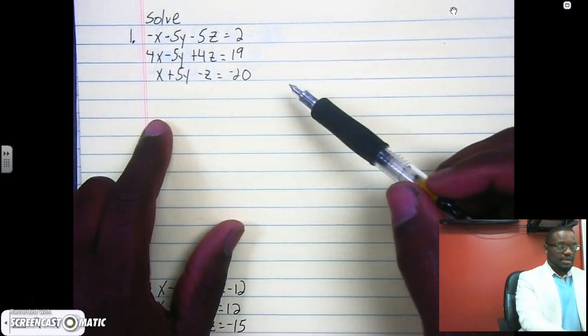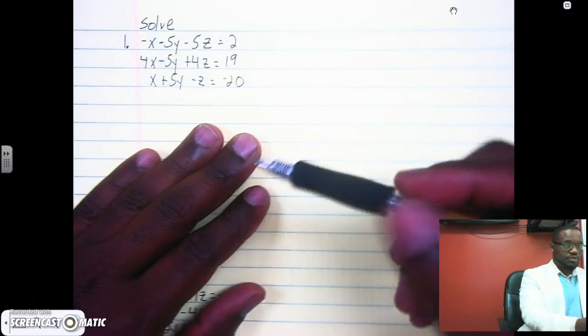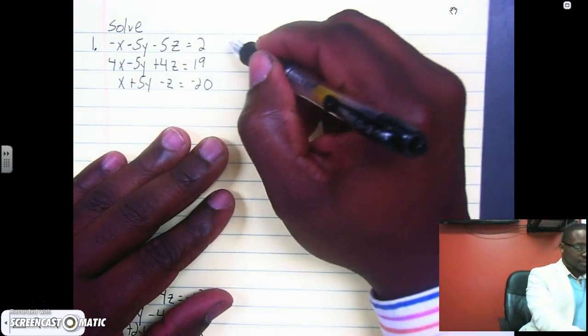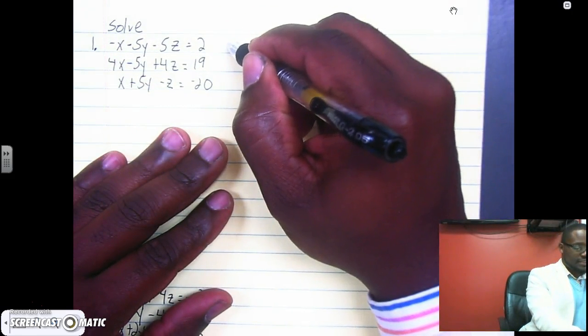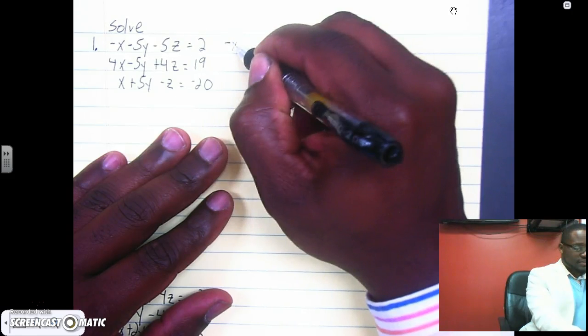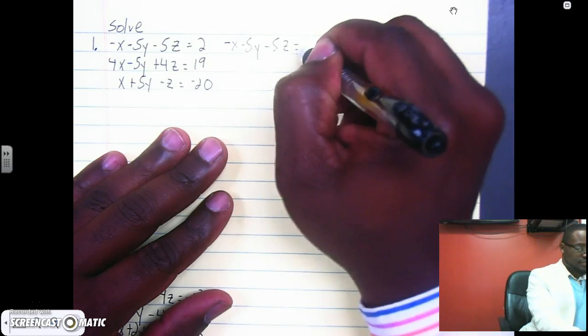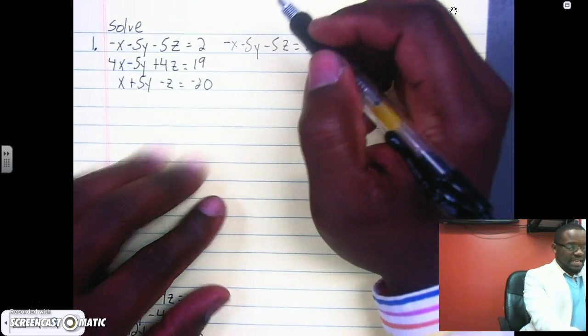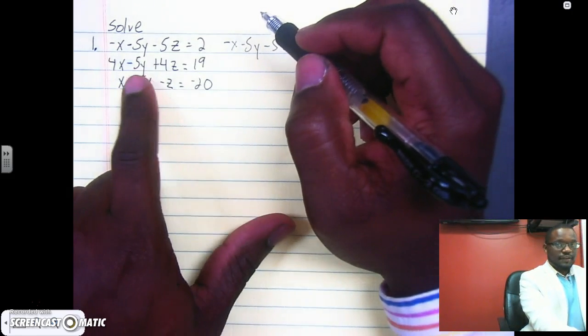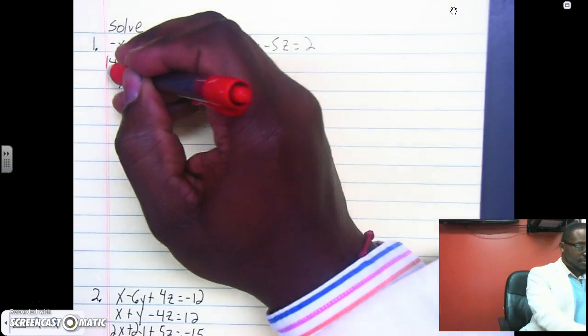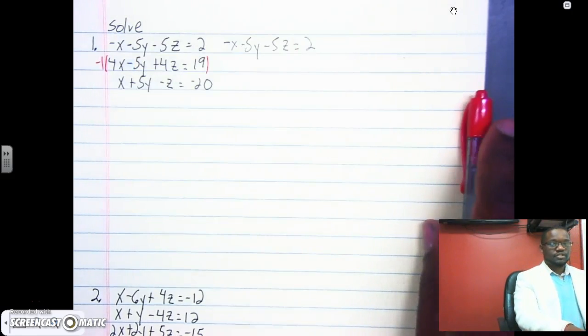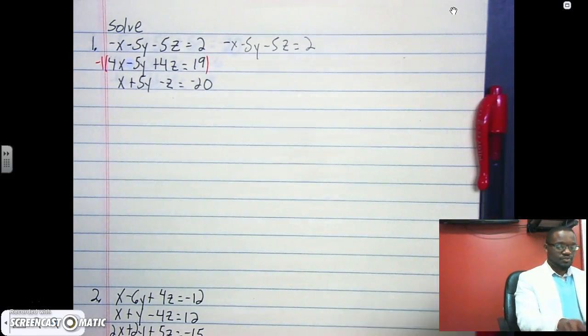So if I'm going to eliminate my y's, I'm going to rewrite this first equation as negative x minus, and I am going to multiply this equation here by negative 1. Okay? So I'm going to multiply this equation by negative 1. I changed colors so that we won't get it confused with the original.